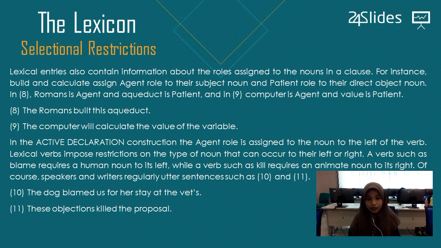Contohnya, blame itu membutuhkan kata benda manusia di sebelah kirinya. Sedangkan kata kerja atau verb seperti kill membutuhkan kata benda yang bernyawa di sebelah kanannya. Jadi, selection or restriction itu adalah batasan bagaimana kita memilih kata benda sebagai patient untuk agen sebagai subjek. Kata benda seperti apa, kata kerja seperti apa yang cocok untuk menjadikan patient.